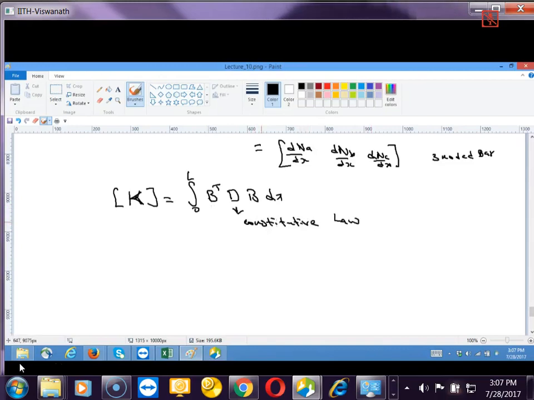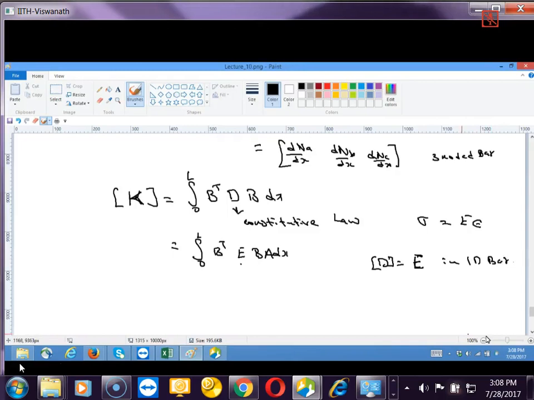So we know that sigma and epsilon are connected by E. So I can write this as the integral from 0 to L of B transpose E B. Actually this is an integration with respect to volume, but since we are only doing it in 1D, I removed A and kept it in this. So my D is equal to E in this case. My D matrix is just a simple Young's modulus in a 1D bar. And A dx is my volume.